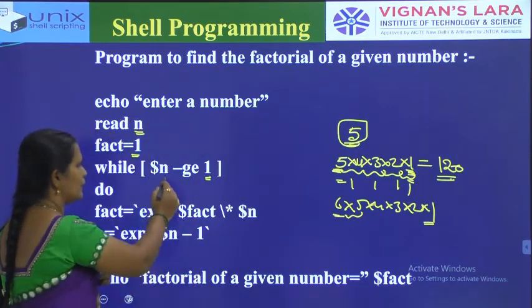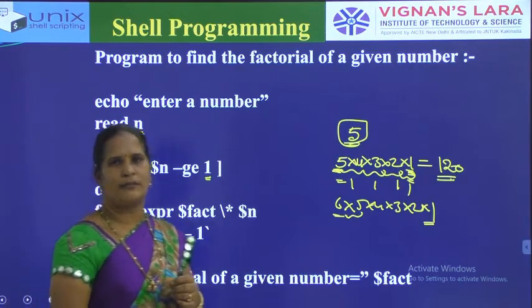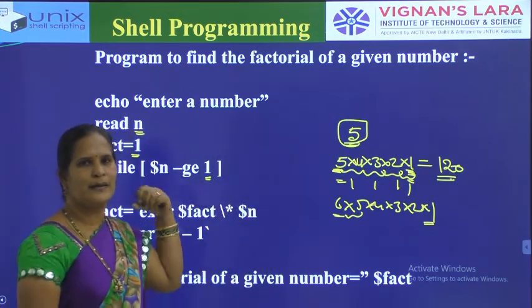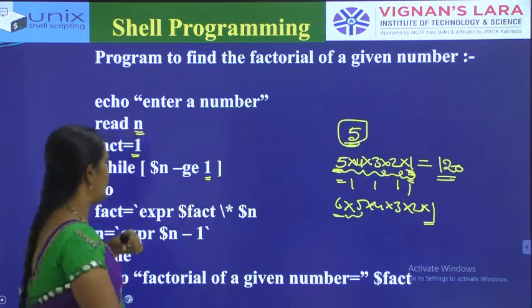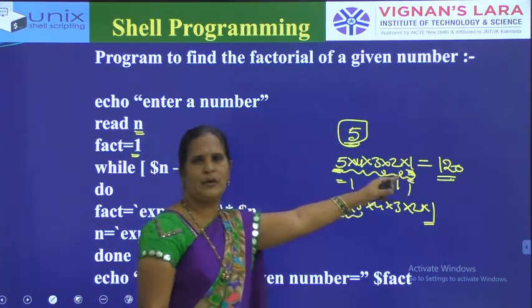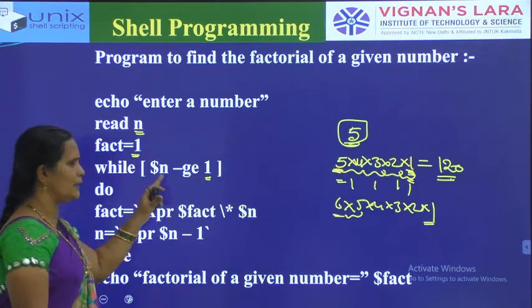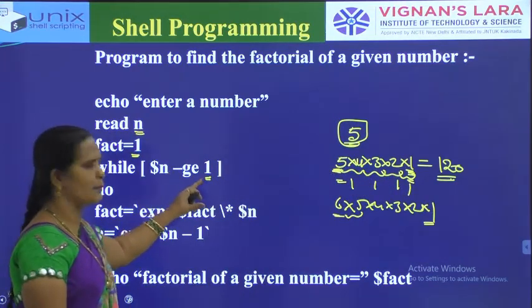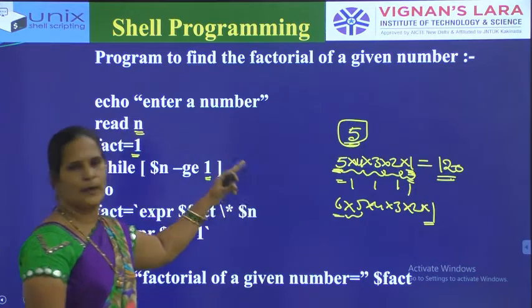So dollar n space greater than or equal to. This greater than or equal to is a relational operator, hyphen GE space. Here the final number is equal to 1. So dollar n space -ge space 1 space square brace.